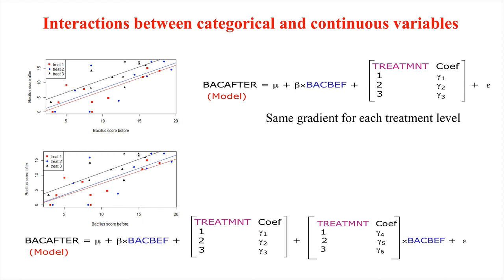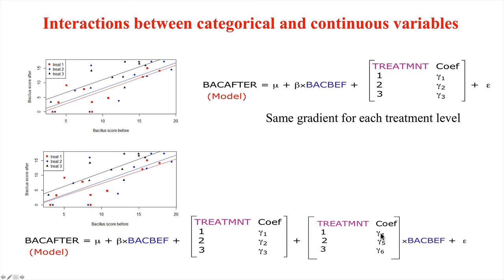Well, at its simplest form, it would be of this type here, where we have the beta times back before, as always. We have the treatment level adjustment, but then also we have what's called an interaction between the categorical variable and the continuous variable.